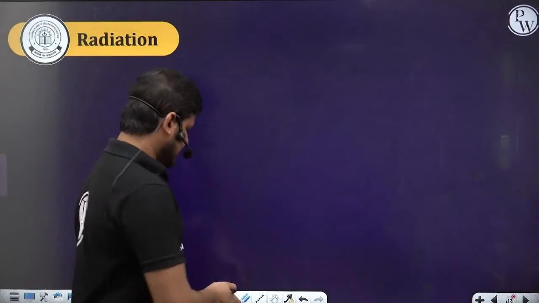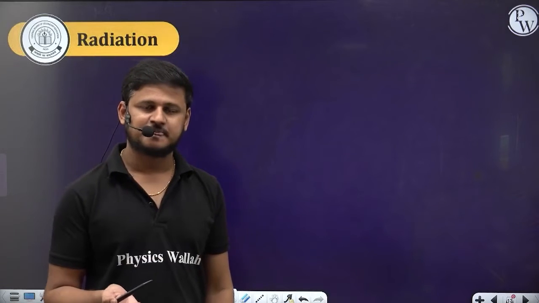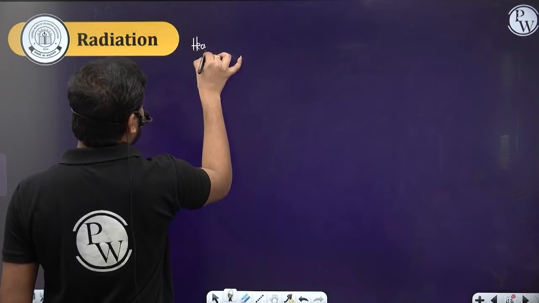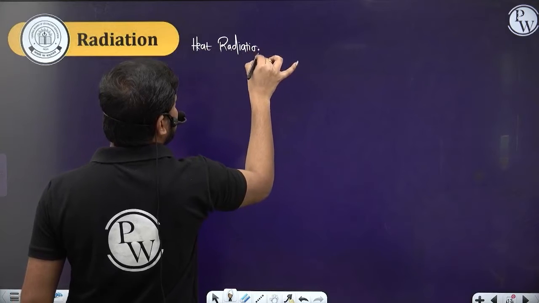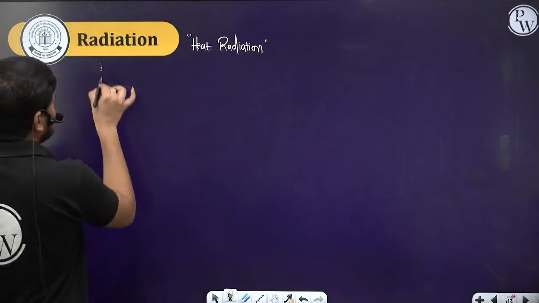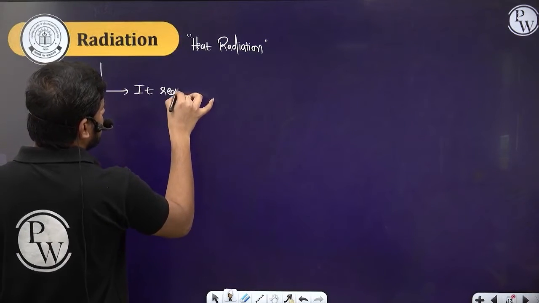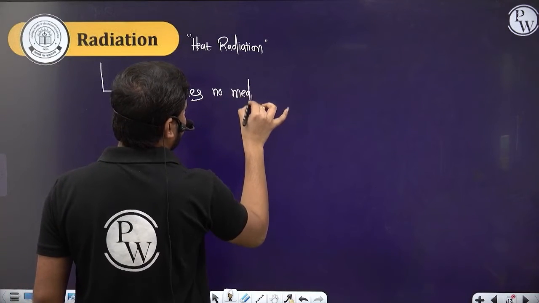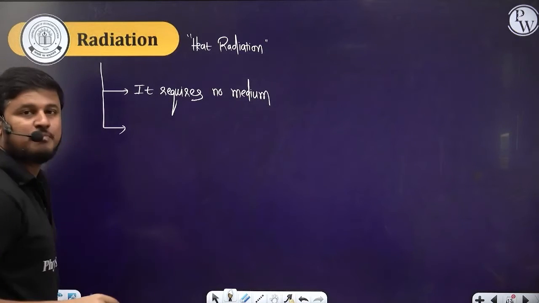For radiation there is no medium required. Here we are talking about heat radiation. In this chapter we are going to discuss the heat radiation part. It requires no medium, and it is an electromagnetic wave.